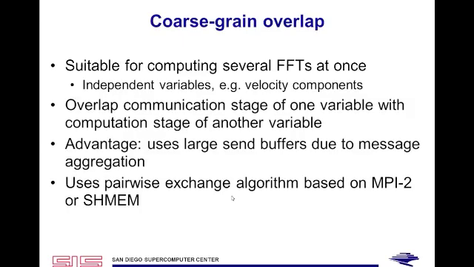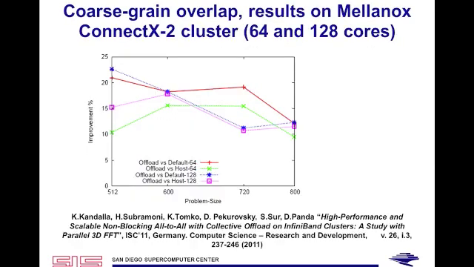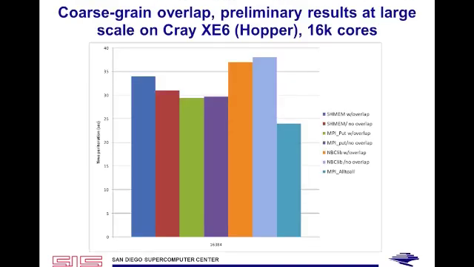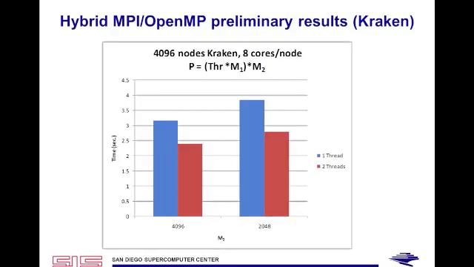I have some preliminary results, but I don't have time to go into more detail here. These are results of hybrid MPI/OpenMP on Kraken. You can see that runs with two threads perform better than with one thread, so there is some advantage in using threads.